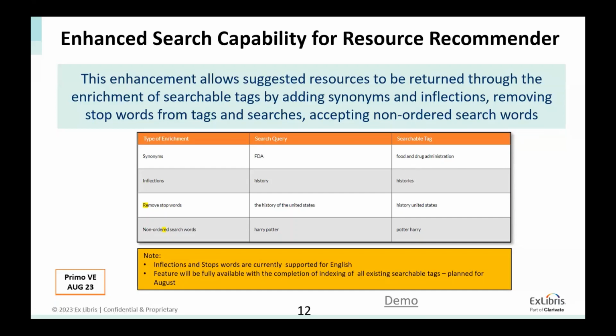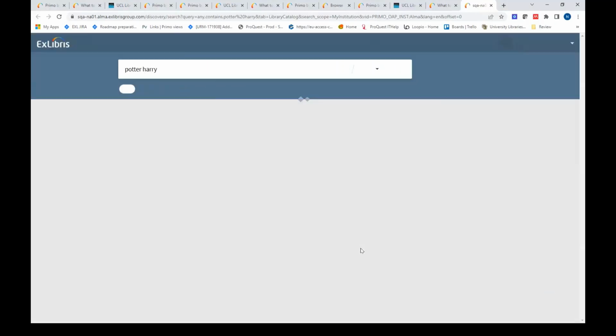We will also use inflection, singular or plural, and we can ignore or use stop words and fetch a more accurate match to the searchable tag. You can also support changing of the order. All of these capabilities will be available and will raise more suggestions from the resource recommender.